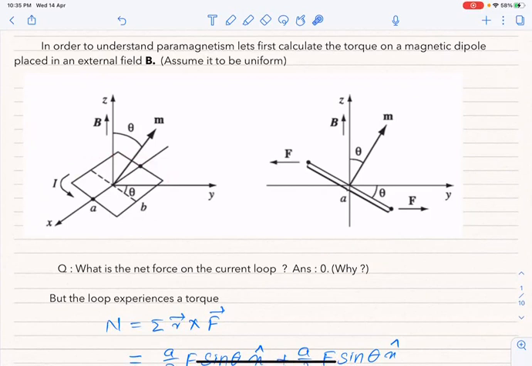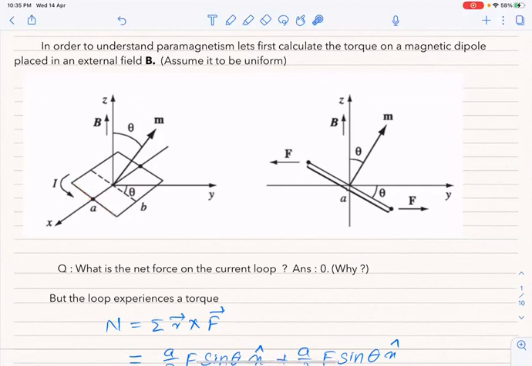You can also analyze each side. For example, this current loop has sides A and B. It's a rectangular current loop, so one side is A, one side is B. Now, if you calculate the force on this side, you can analyze the force on each side.